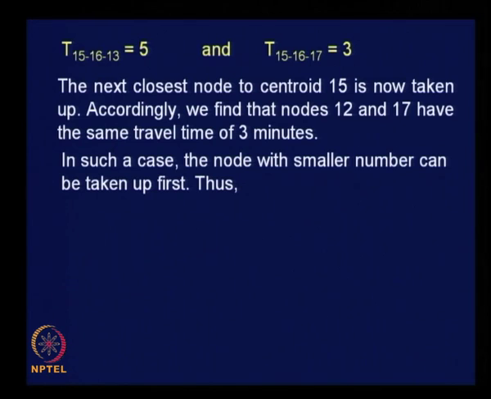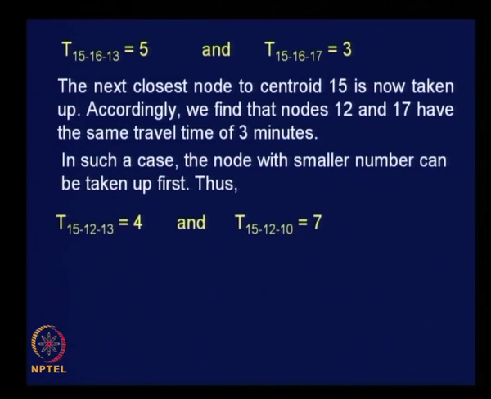In such a case, the node with smaller number can be taken up first. It is only a suggestion, the smaller ending node number can be taken up first. We have in the previous case 12 as an ending node, here the ending node is 17. So obviously we can proceed from 12 to work with the algorithm.